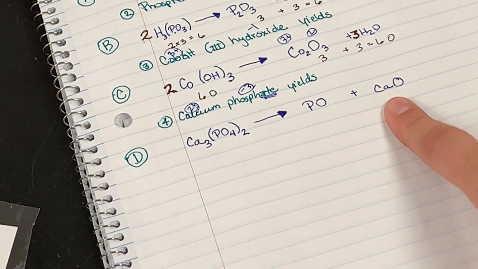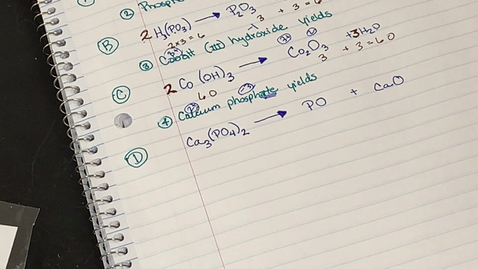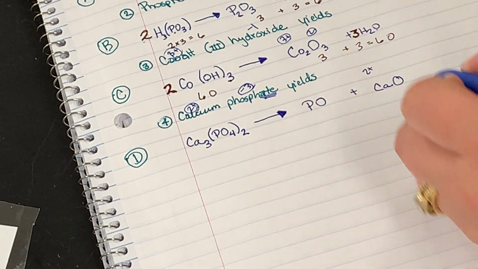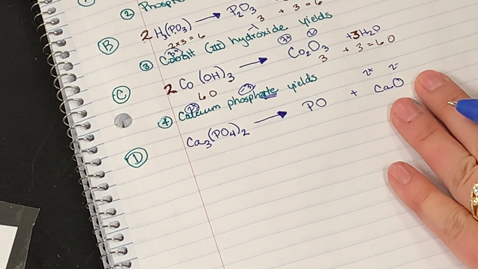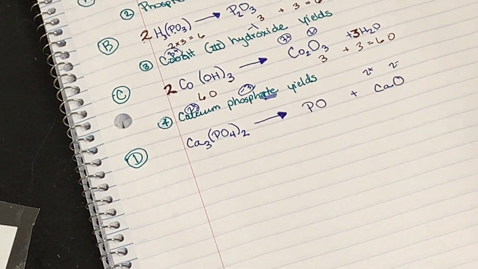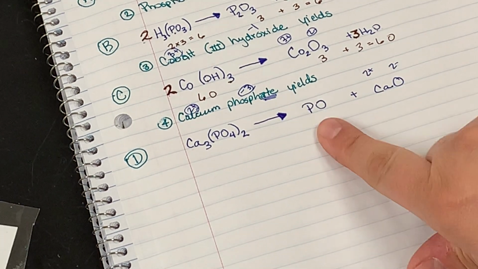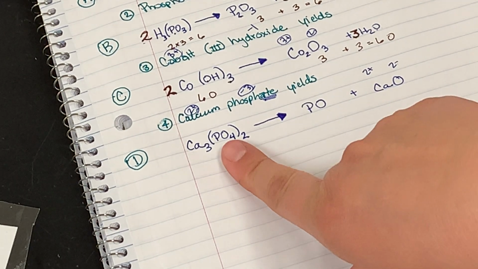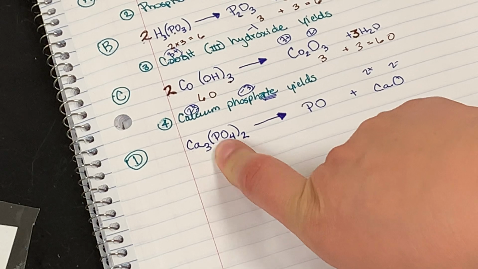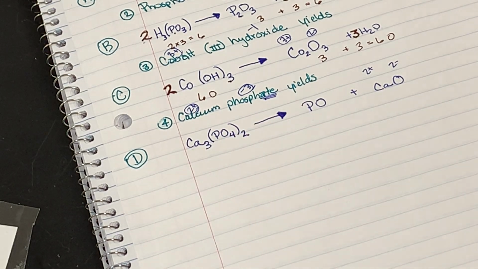So now we need to figure out both of these. I'm going to start with the metal one because that one's easy because we already know our charges. Calcium is 2+, oxygen 2-. So when we crisscross that, it cancels out. Let's deal with this nonsense here. Okay, so this is one where, again, we're going to have to use our rule and walk it backwards. So we have phosphate, PO4, phosphate.